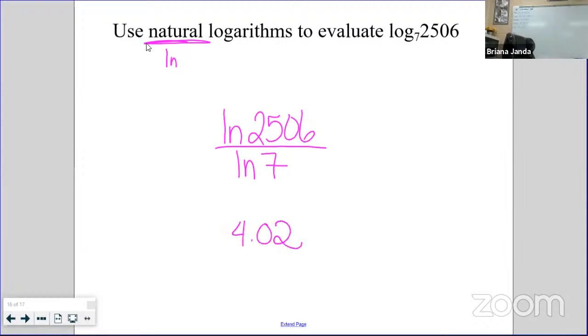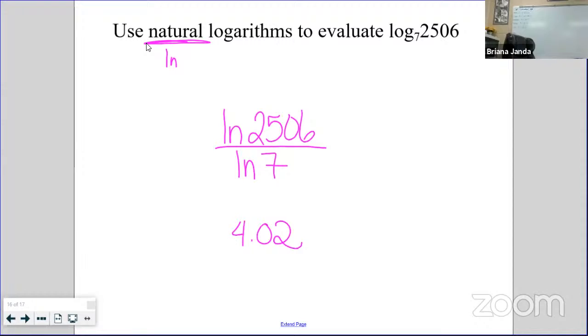4.02. Now, if you happen to be doing this problem with your graphing calculator and you have the newer version of graphing calculator, will you guys hit your math option? Left-hand side, like third button down-ish. Mine is option A, way down at the bottom of the list, it says log base.